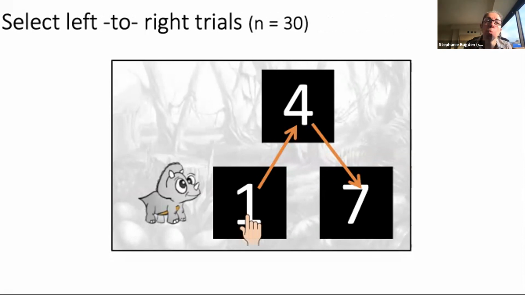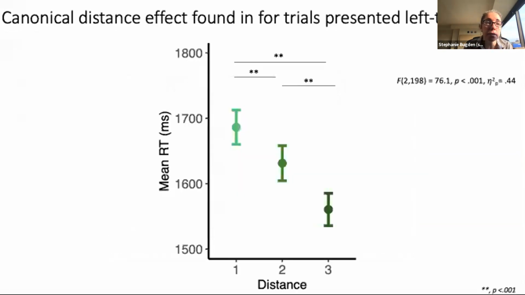I tested whether we still see canonical distance effects, even with the benefit of having the numbers in a spatially ordered left to right sequence. And we still see a very strong and robust canonical distance effect. So response times are longer when the distance between the numerals is small relative to further apart.